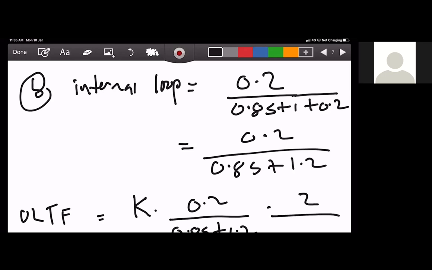It is K times 0.2 over 0.8s plus 1 times 2 over s plus 1. Okay, simplify. Shahira, simplify. 0.4K over 0.8s plus 1 times s plus 1. So 2s, right? Yes, correct.